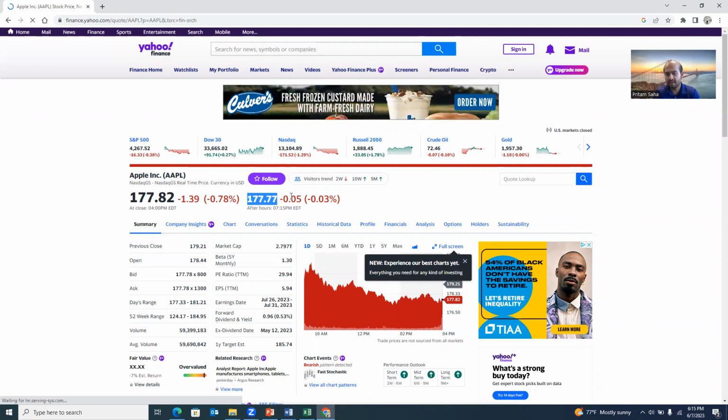So this is the market value of the company Apple. This is the market value of equity. This is the stock price, same thing.